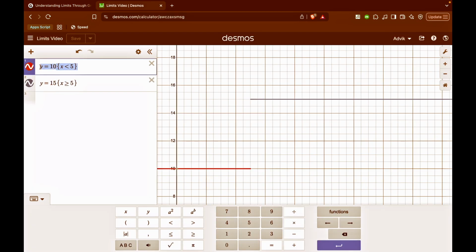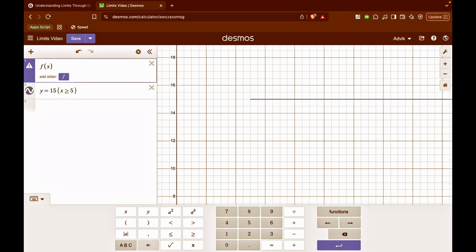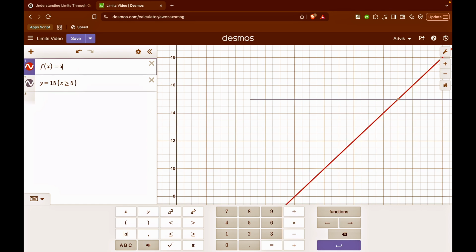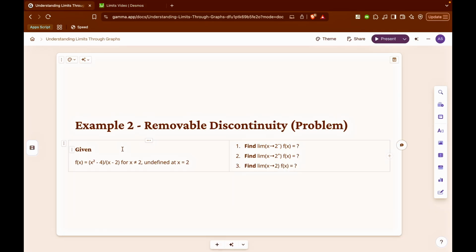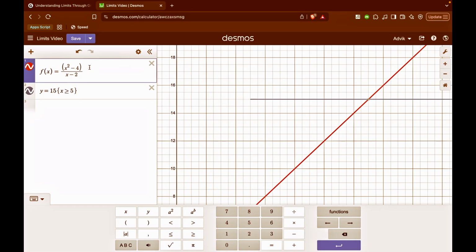So we have x less than 2 and x greater than 2, and basically this is the function.